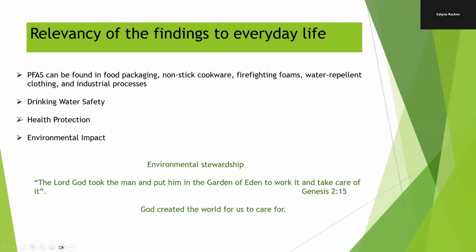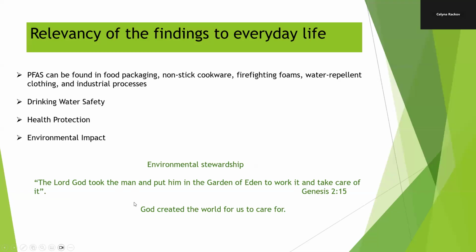So, as an example, PFOA is part of the forever chemicals because it does not break down naturally. And our responsibility is to protect and manage the environment. Genesis 2:15 says, the Lord God took the man and put him in the garden of Eden to work it and take care of it.